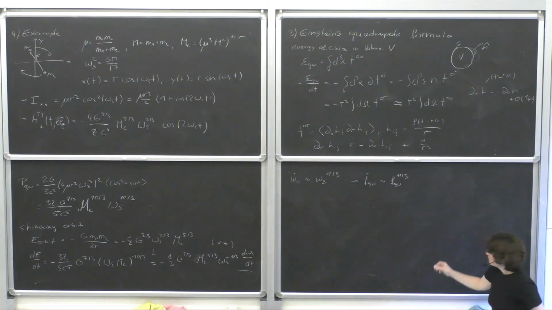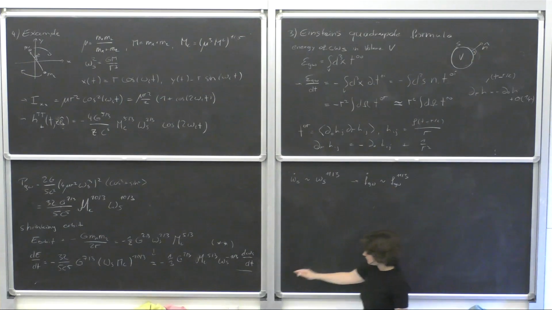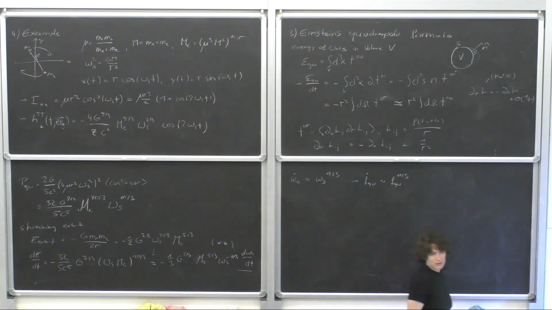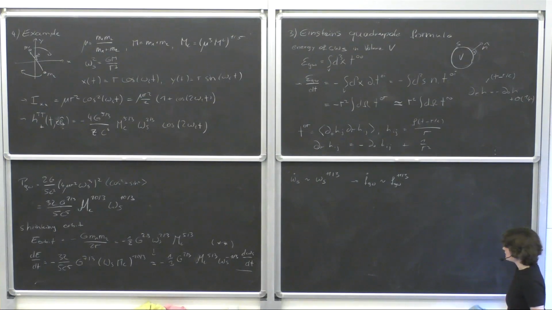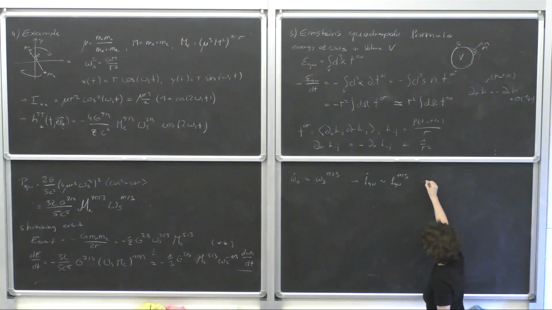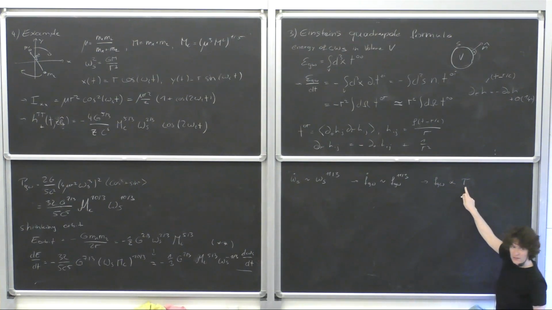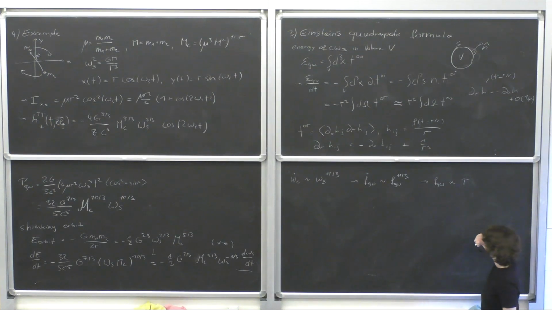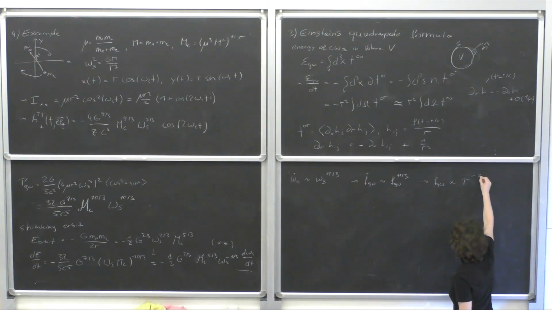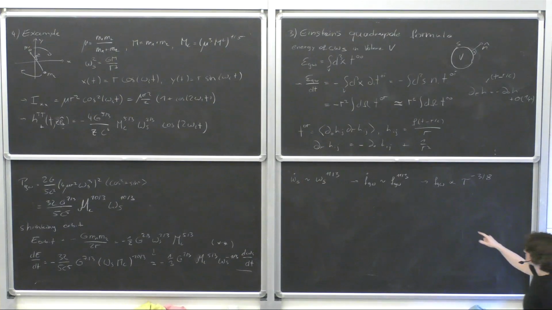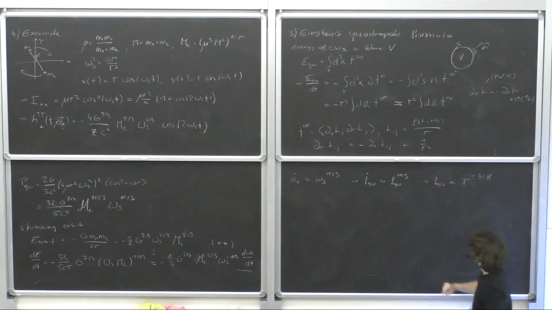And okay, there are some constants here, which are just the constants of this equation. But the point is, this is something you can easily solve. And what you will get is that the gravitational wave frequency scales as tau, which is the time to coalescence, that's the way it's usually parameterized, to the power minus 3 over 8, which is just coming from this relation here.